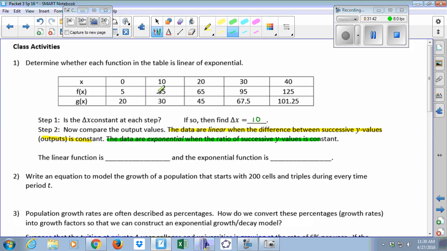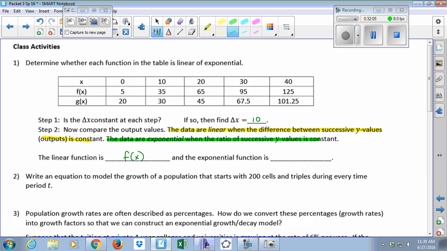So we notice that f is changing by 30 as we move every 10 years. If we were looking at time, we could say every decade something's increasing by 30. We don't know what the units are. So f of x was the linear because the differences between successive outputs in f was 30. It was a constant number.